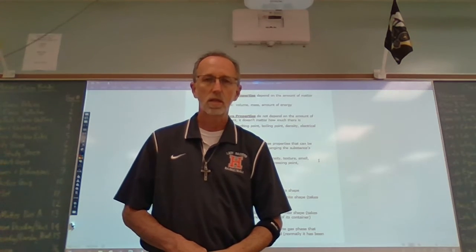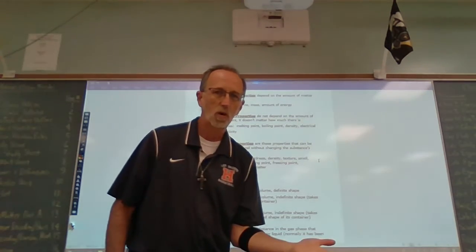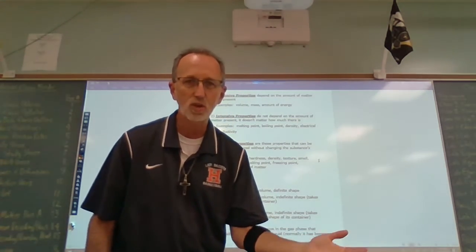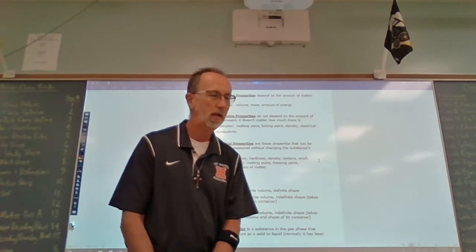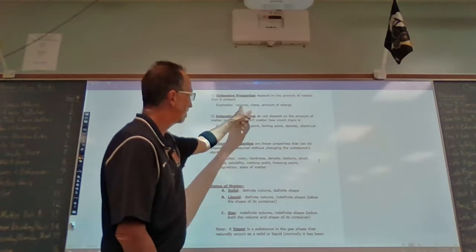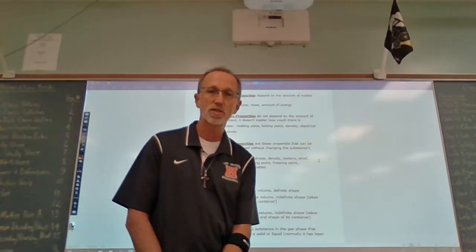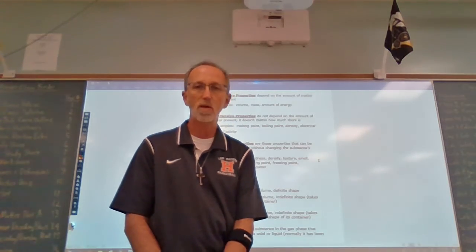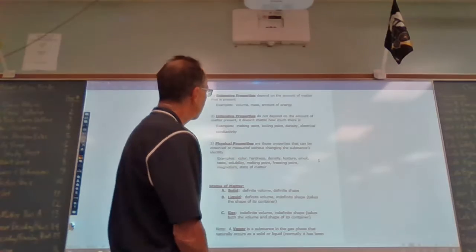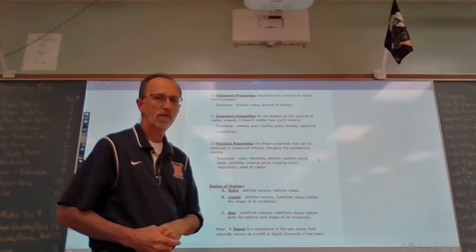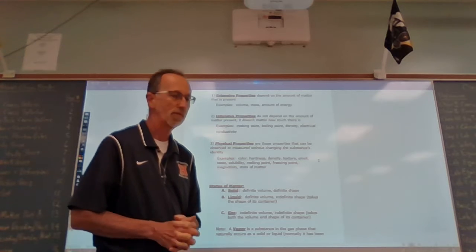So you've got a 1 kilogram ice cube and you got a 10 kilogram ice cube. Well, the 10 kilogram ice cube has more mass, it takes up more volume, and it has more energy associated with it than the smaller ice cube does. Those are extensive properties. They depend on the amount of matter present.